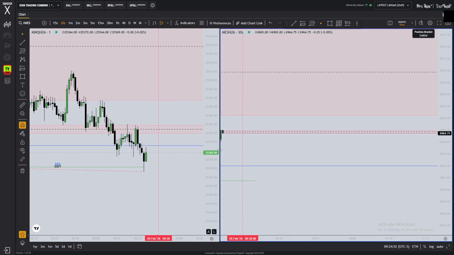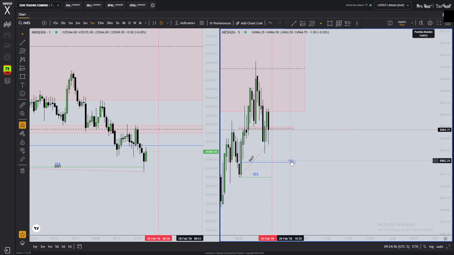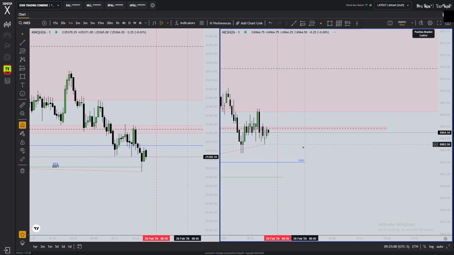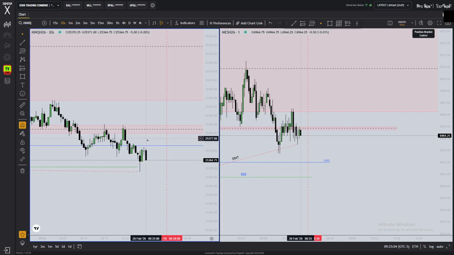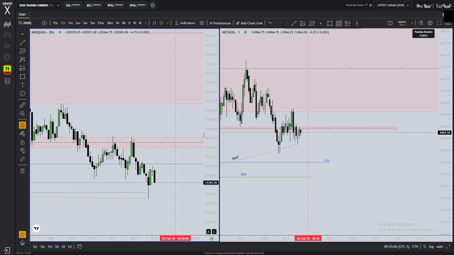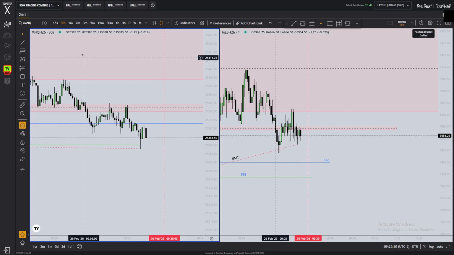Low right there. Let's shrink this change so we can see it more clearly. Internal low right there.